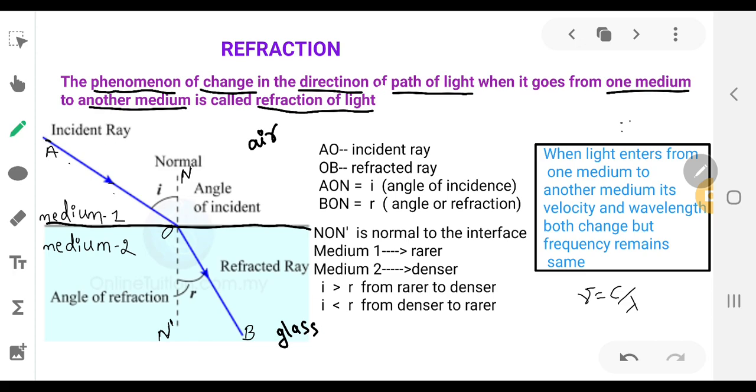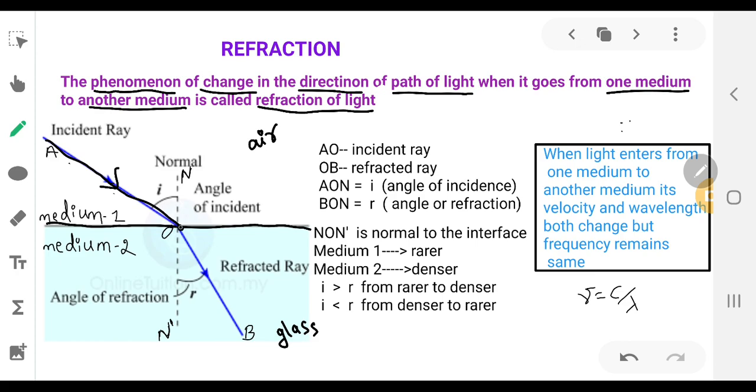Now the ray is traveling in the air medium. During its journey, it meets the surface of glass, and the glass medium allows the light to pass through it.